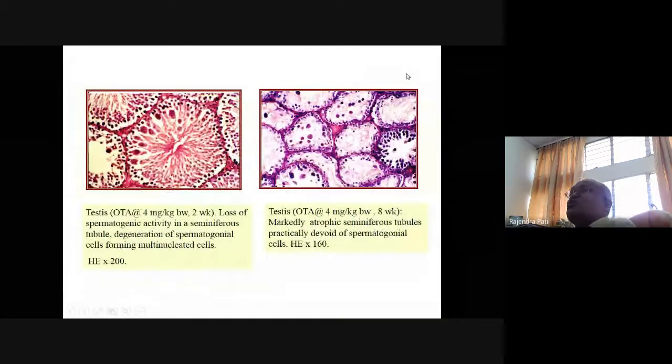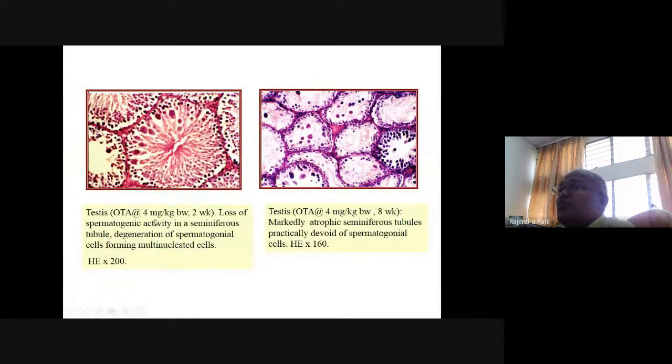And the testes, those we have seen. So with 4 ppm for 2 weeks, you can see early changes, slight or mild to moderate changes in spermatogenesis, a decrease in spermatogonial activity in the seminiferous tubules.